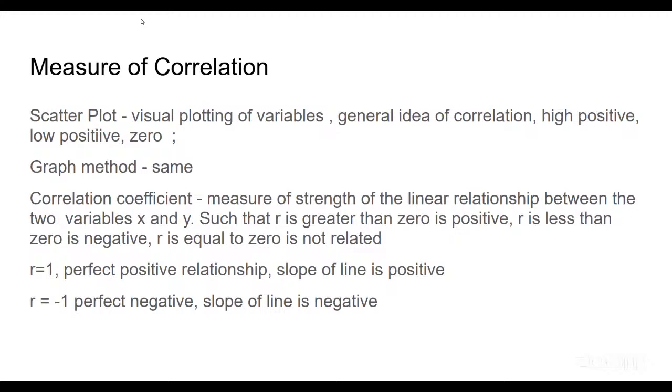If they are closer to the line, they have a high degree of correlation. And when they are not correlated, there is zero correlation, and the points would be scattered everywhere on the graph.